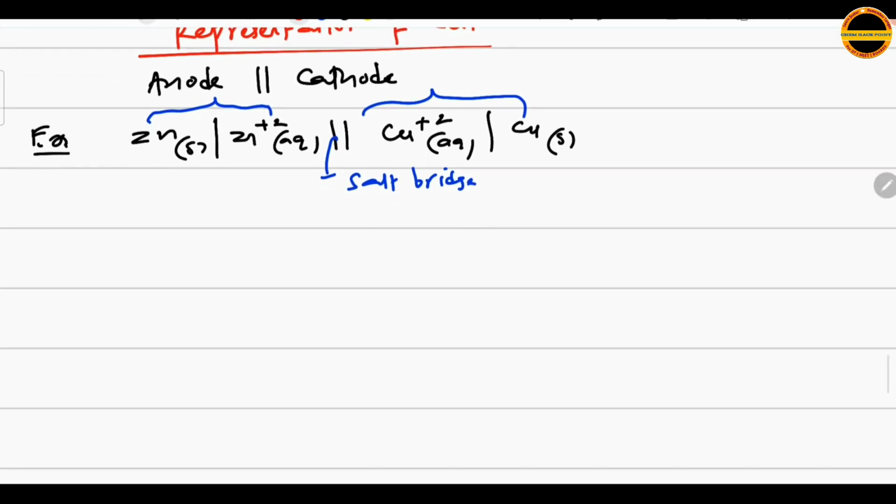Next, let us see EMF. EMF is also referred to as cell potential or cell voltage. So what is EMF, cell potential, cell voltage?